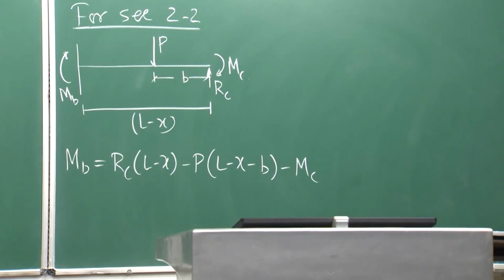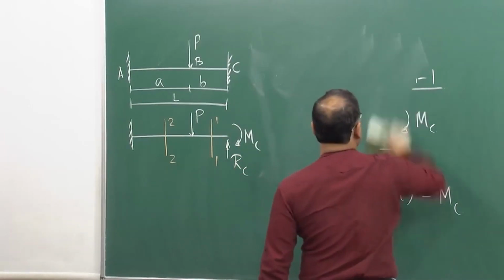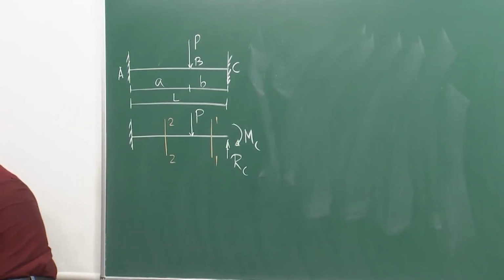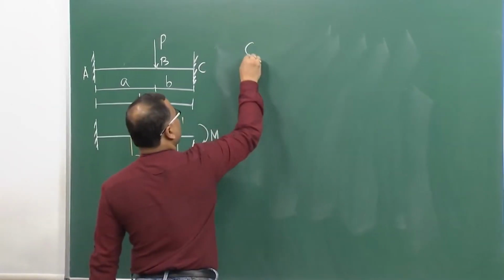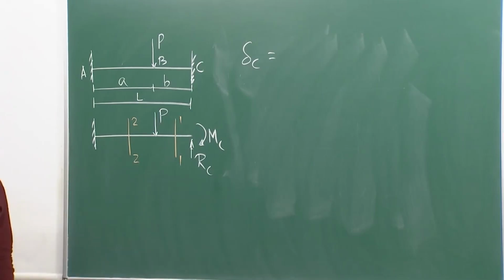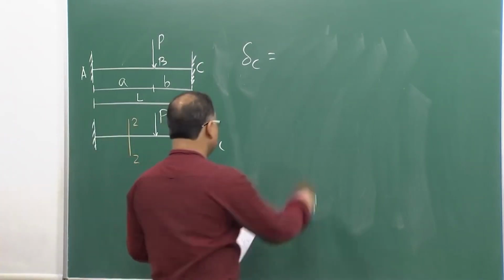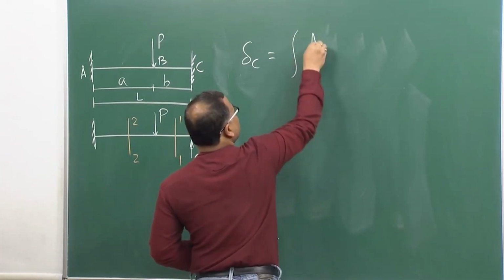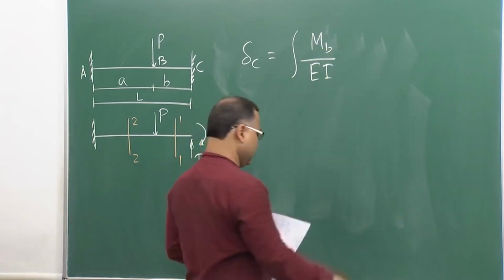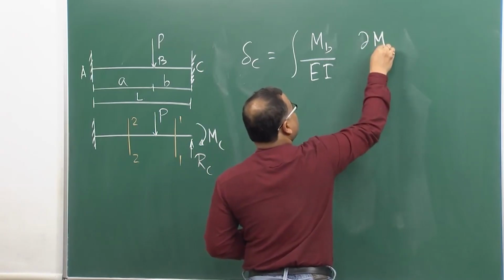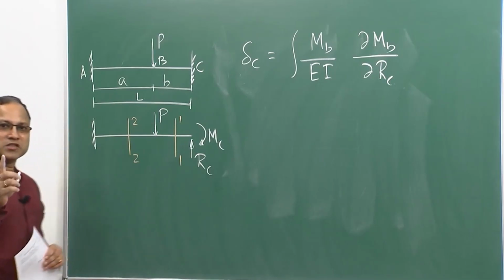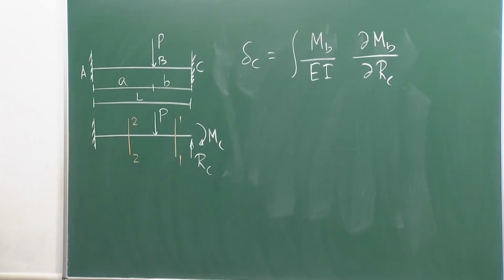Now, if you want to find delta C, that means the vertical deflection at point C, that will be simply given by, as we know, the integral of MB by EI, del MB del RC, because a concentrated force is acting there.